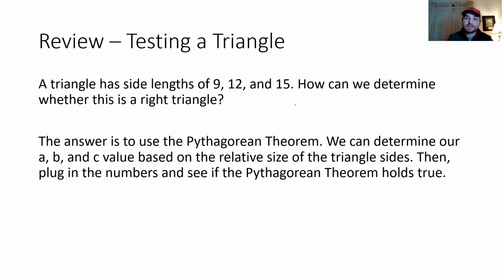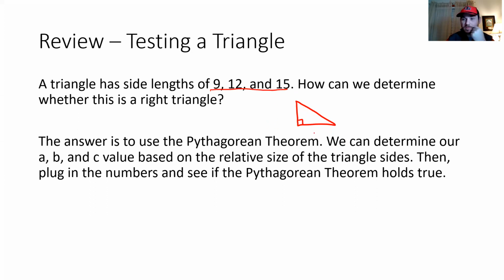Now, a lot of people on the test, you were given a question that was basically, how do we determine whether something is a right triangle without being given any of the angles? And a lot of people said, well, if there's a box in the corner, if it has a right angle, then it's a right triangle. And that's true, but we just said if we're not given any of the angles. And if we're not given any of the angles, that would be something like this, where we just get side lengths.